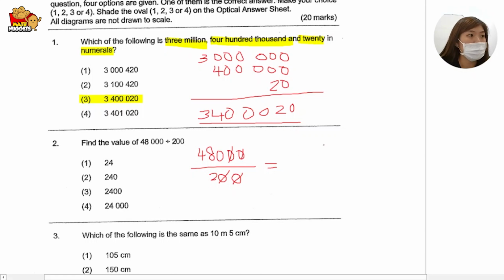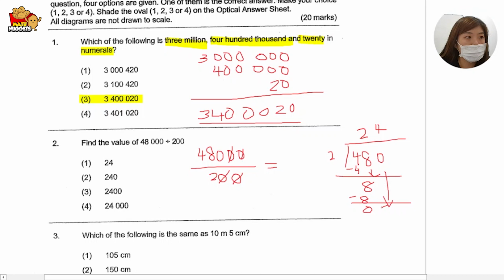Then we can use the method 480 divided by 2. So 2 times 2 is 4, so minus 4, and we bring down 8, and then it will be 4. 4 times 2, 8, and we bring down 0.